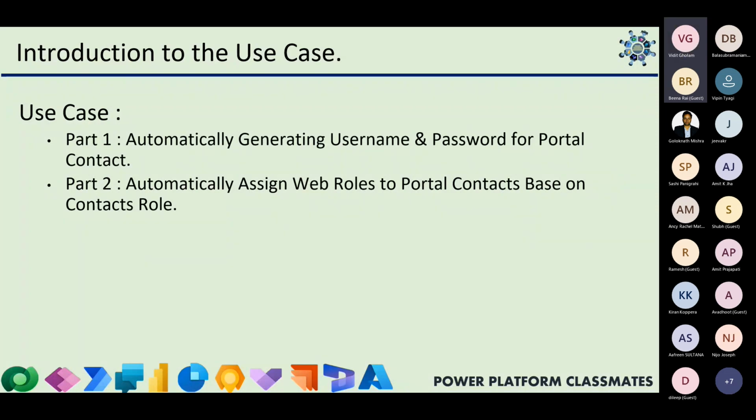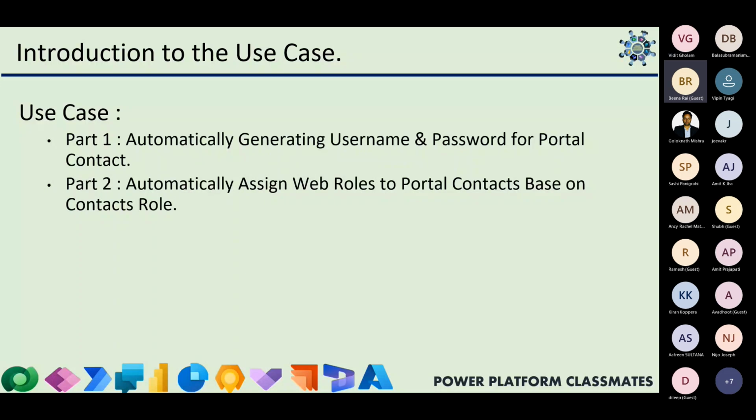A slight idea about the local login: the local login lets portal users log into the portal using a user ID and a password, and that user ID is generated and stored within our CDS environment in CRM. The second part would be automatically assigning web roles to portal contacts based on the roles of those contacts. So let's begin with part one.